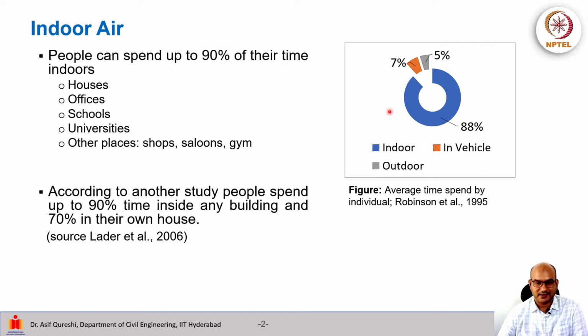But it's clear that we spend a vast majority of our time in an indoor setting. So indoor setting is where we can expect to have a lot of air exposure as well, or an impactful air exposure, because we spend so much time indoors.